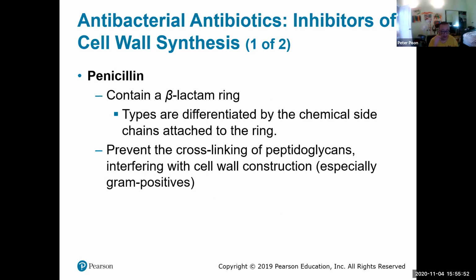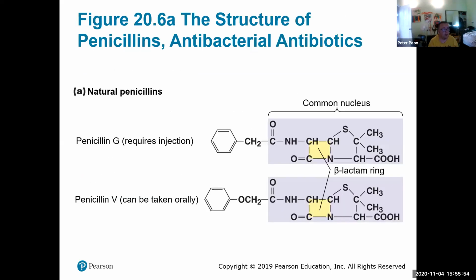So here is the beta-lactam ring. You can see that this area is the ring, and this is just extra stuff that makes it injectable versus oral, but basically they need this ring to function.